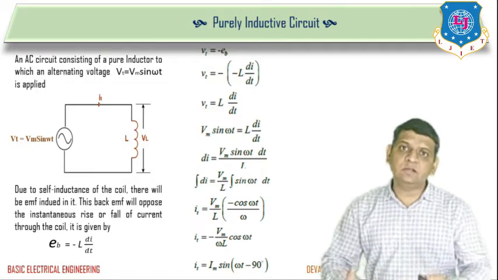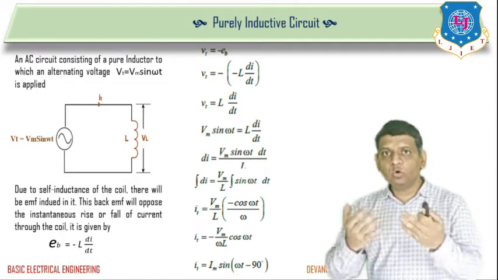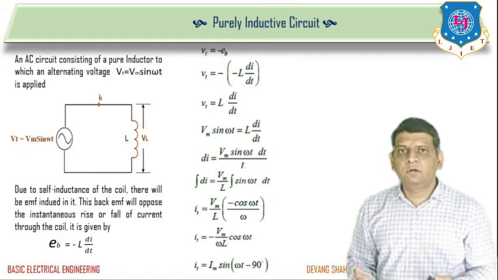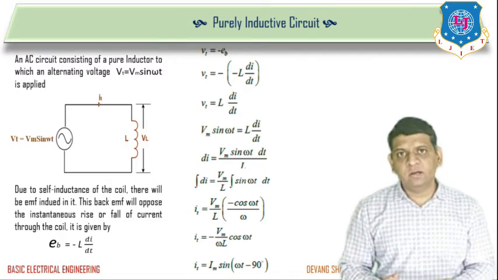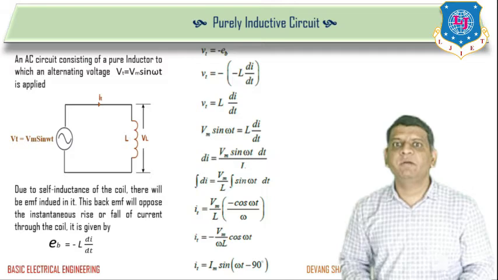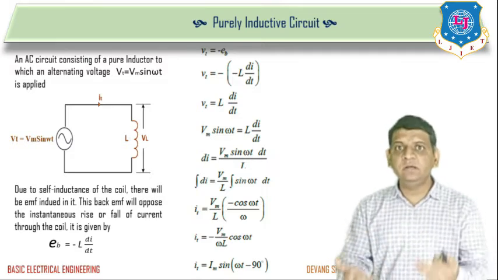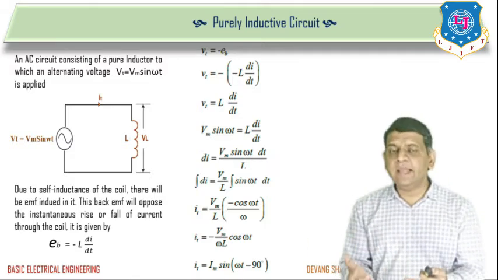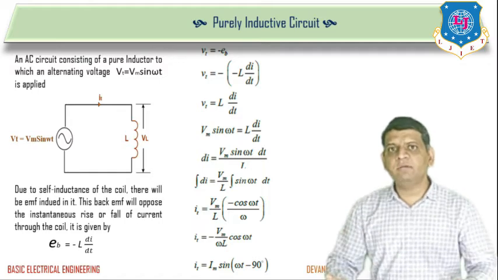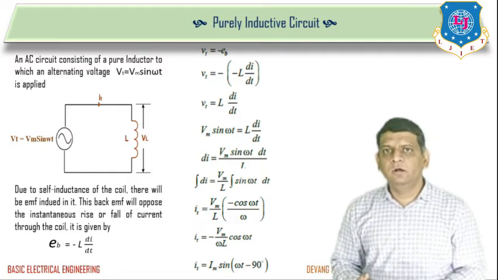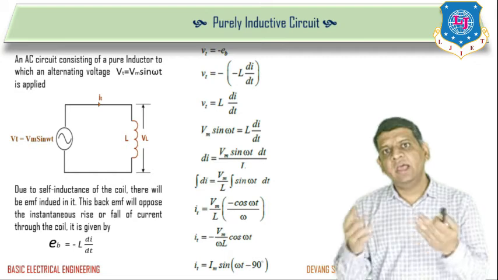Now once you apply the AC signal to this inductor, across the inductor there is Faraday's law of electromagnetic induction. So that will induce a back EMF, and that back EMF is represented as Eb is equal to minus L into dI by dt. Induced EMF is in the opposite direction of the applied force.